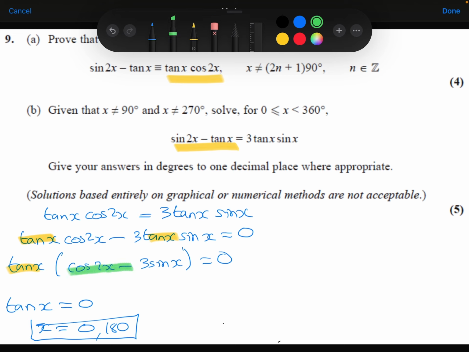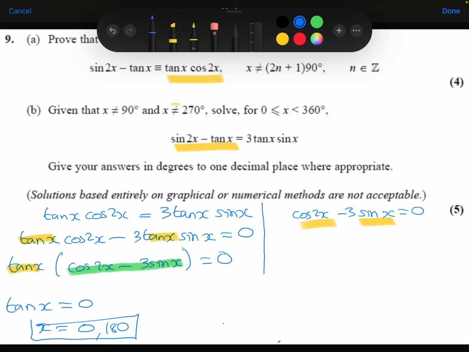Let's now focus on the cos 2x minus 3 sin x part of this. Well, in order to solve this, I need to deal with this double angle. So let's expand that. Now, obviously, there's 3 different ways we can write cos 2x. I want the one that's going to match it up with the sin x.